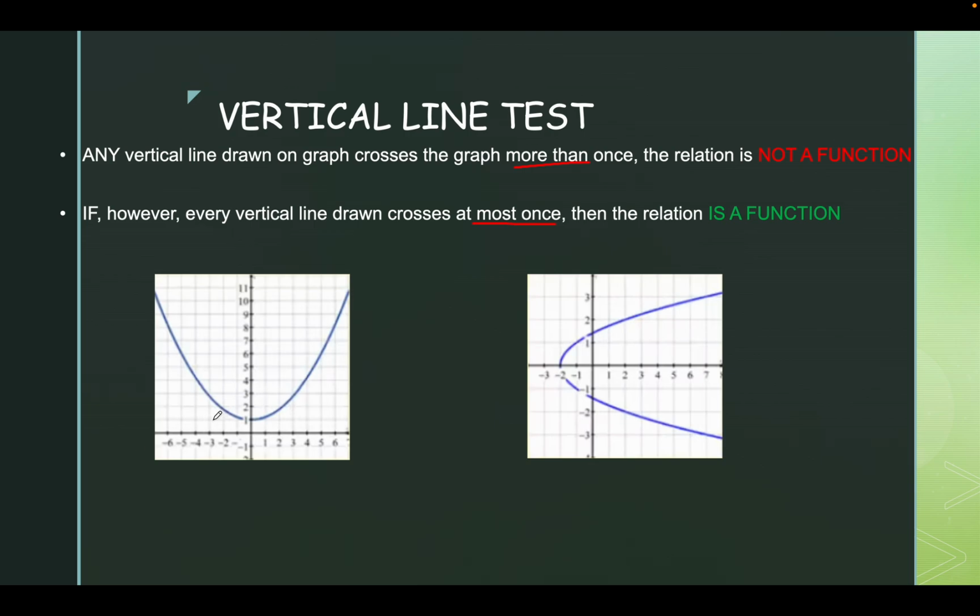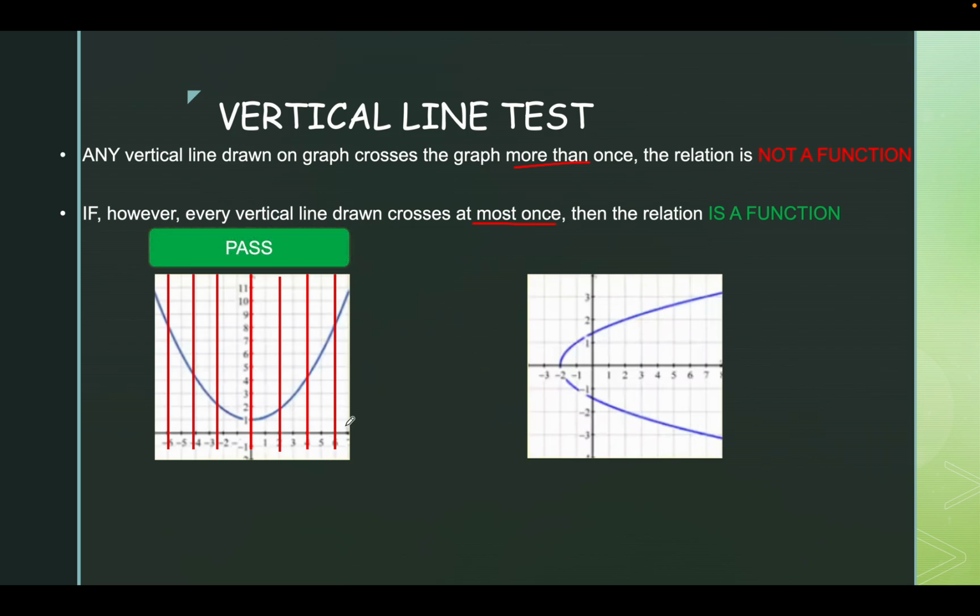For example, if we look at this first graph and we draw vertical lines, notice how every vertical line crosses once, once, once. There's no vertical line here where it's crossing more than once. Therefore, it passes the vertical line test, which means we can say, yes, it's a function.